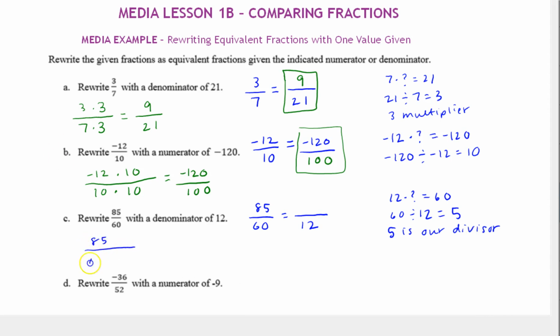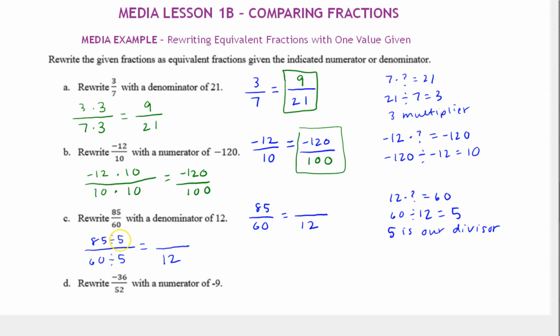Start with 85 over 60. We want to divide each of them by 5. Now 60 divided by 5 equals 12. And 85 divided by 5, well, I'm going to do this in my head out loud.